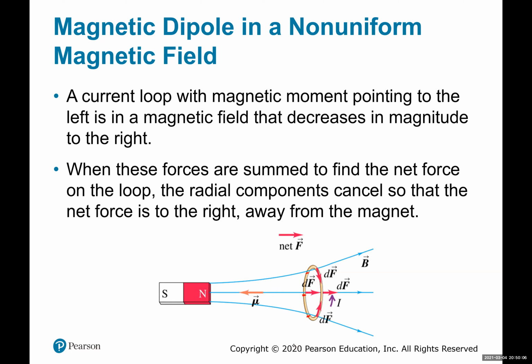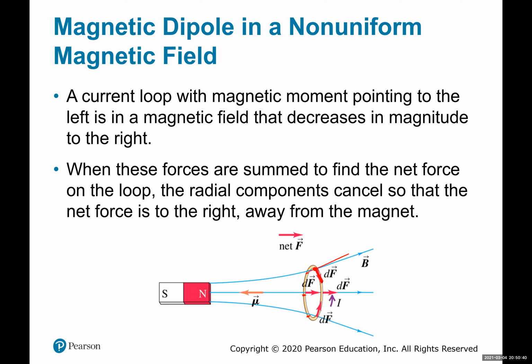Now, the force on the pieces of the loop, dF, is always perpendicular to the field. The field direction changes, however. Here, the field points out at an angle a little bit, which means there's a little bit of a horizontal component to that force.